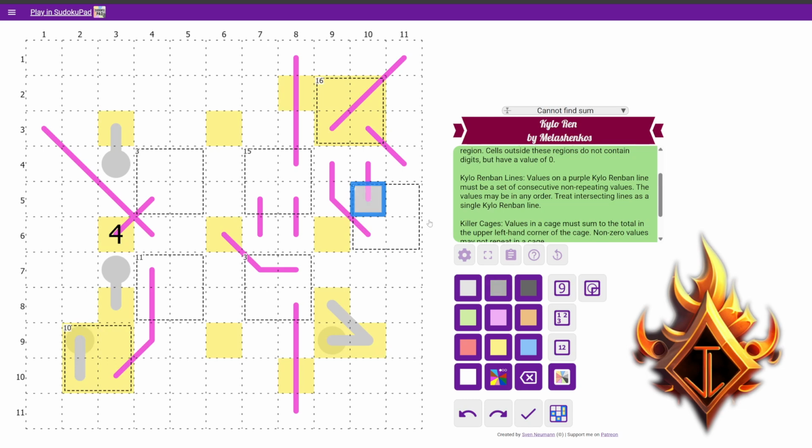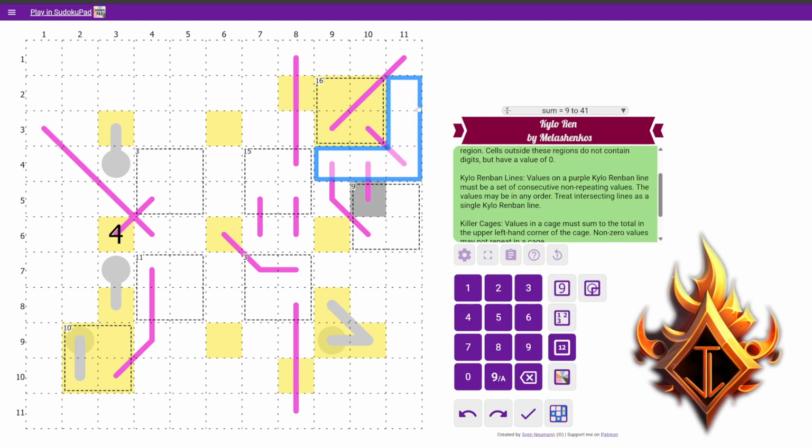If that is not in a box, that one would have to be, which means that one would be, which means that would have 0. So it would have to be like that.